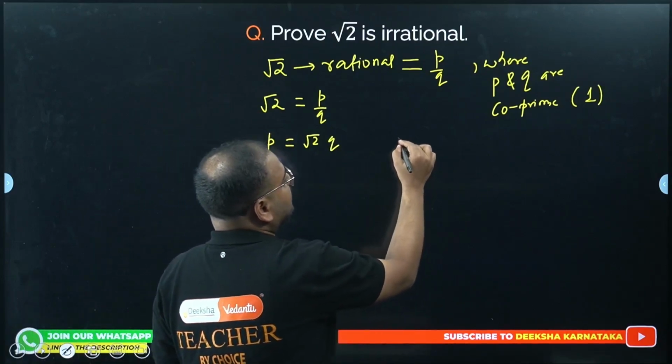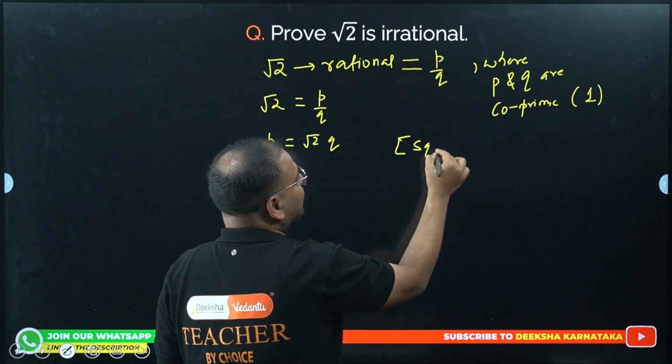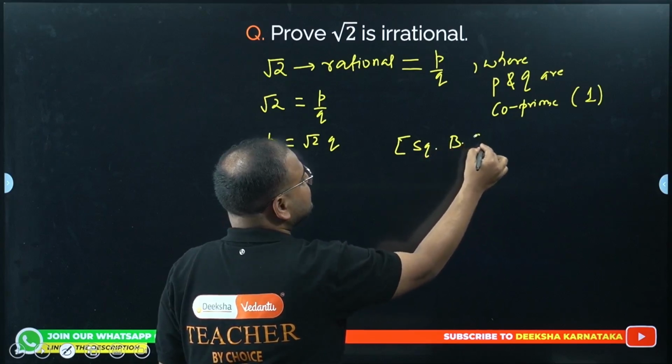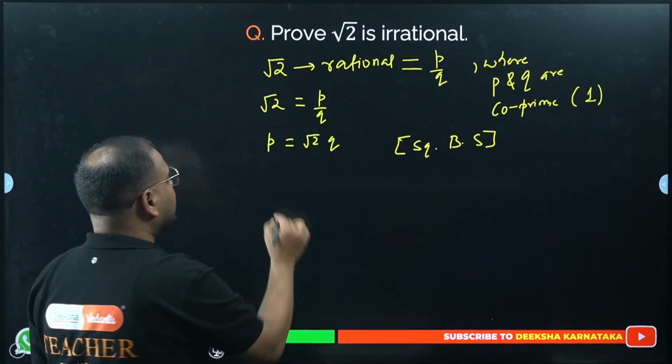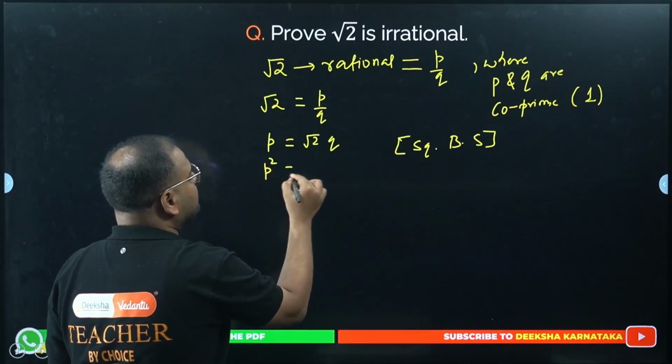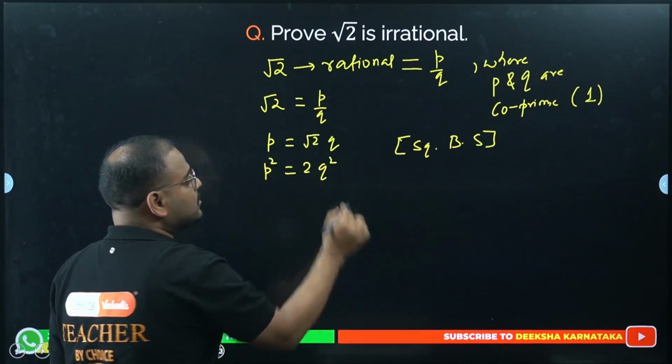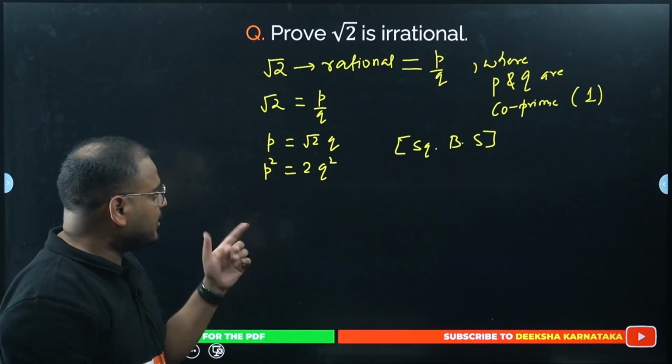From here, do squaring on both sides of the equal to sign. If I do that, what do I get? I get p square equals 2q square. Now check it out.